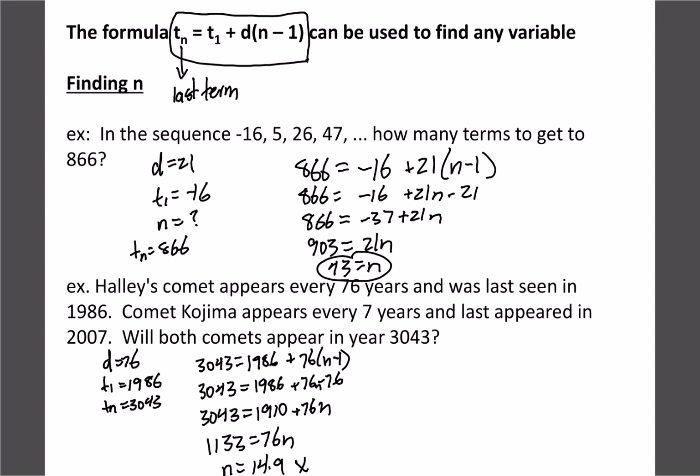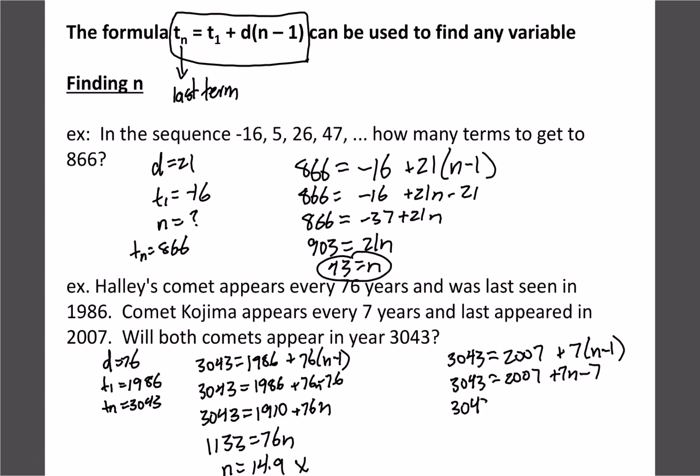Let's just try it, for argument's sake, to see if Comet Kojima will appear in the same year. We basically do the exact same thing, except we put in 2007 as our starting number, and we put in 7 as our d. So let's solve this one. 3043 equals 2007 plus 7n minus 7.